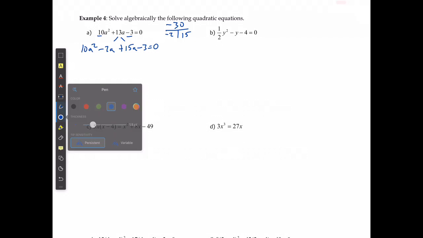I'm going to use that to split up my middle term, and I'm going to say that 10a squared minus 2a plus 15a minus 3 is equal to 0. I'm going to factor by grouping. Group the first two, the second two. The common factor here is 2a, and I'm left with 5a minus 1.